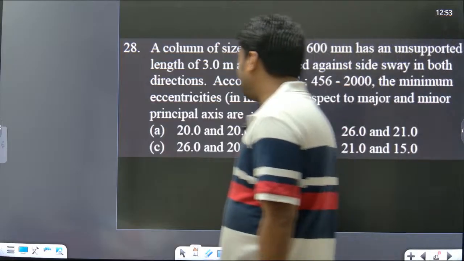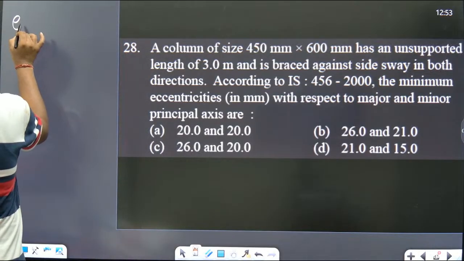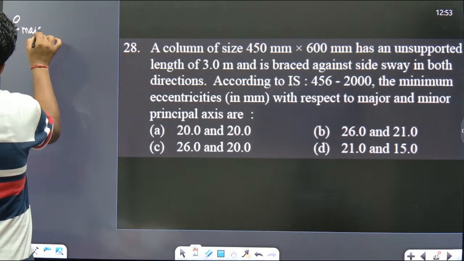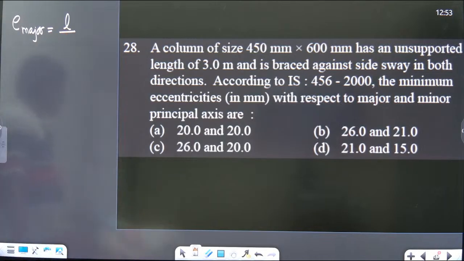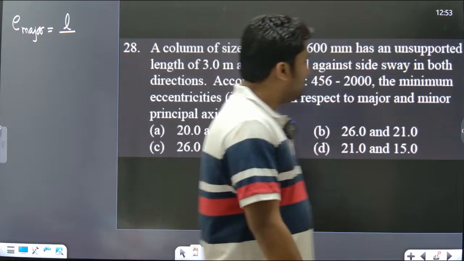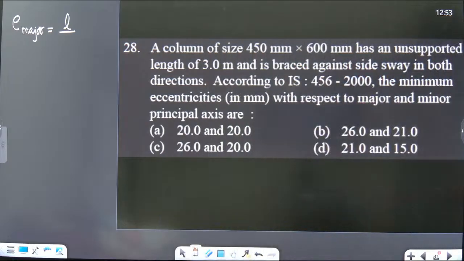Eccentricity about the major axis, minimum eccentricity is L upon 500 plus D upon 30.